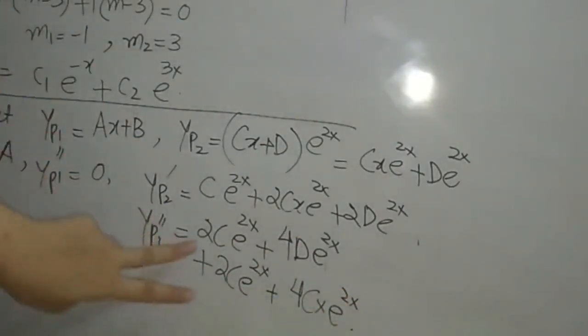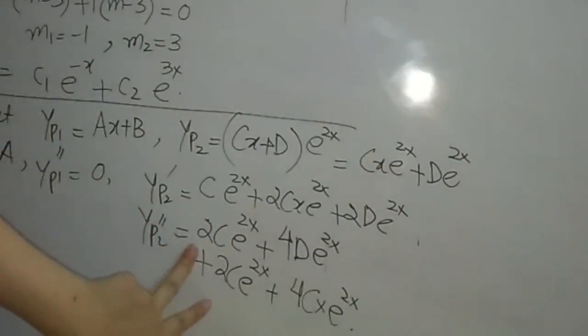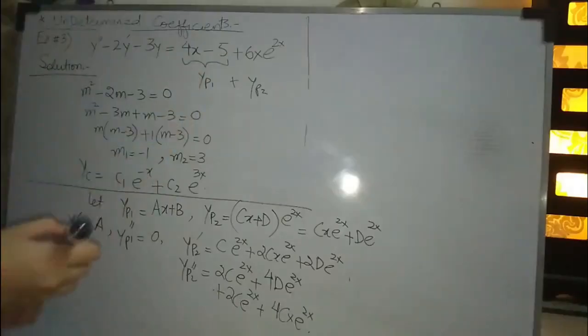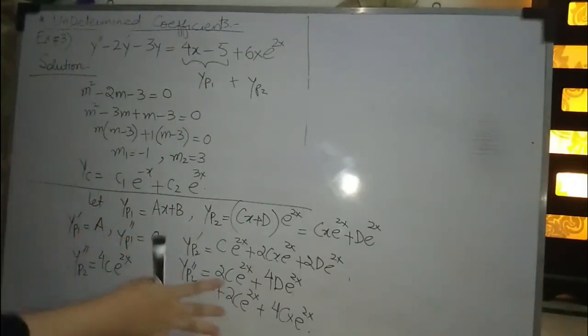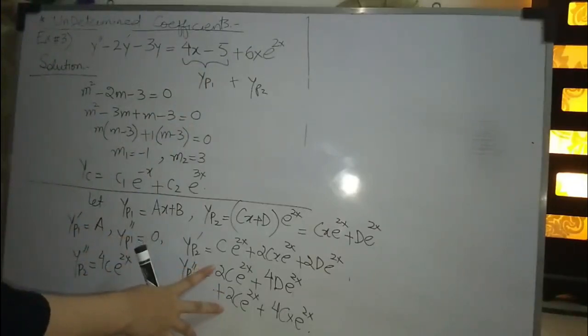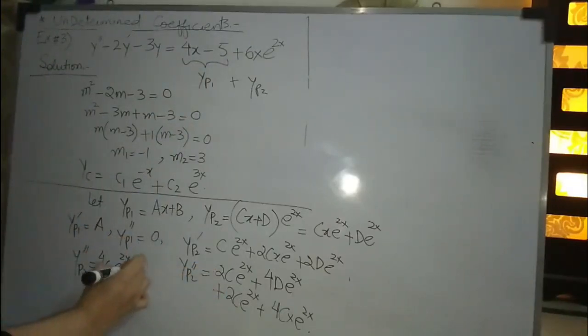We can add the same terms, so yp2 double dash equals 4c e to the power 2x plus 4d e to the power 2x plus 4cx e to the power 2x. Here is the second derivative.